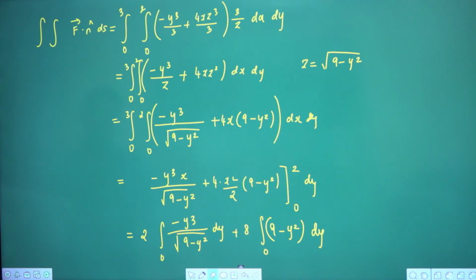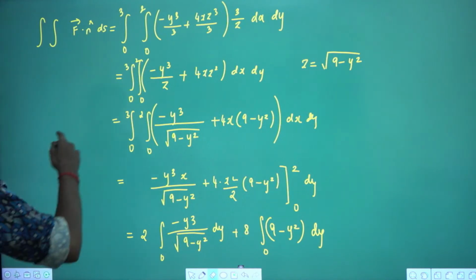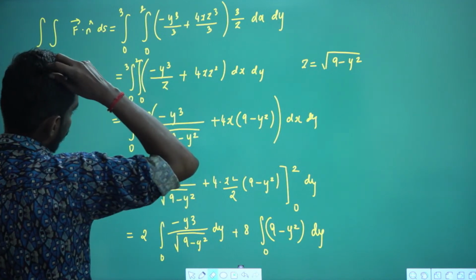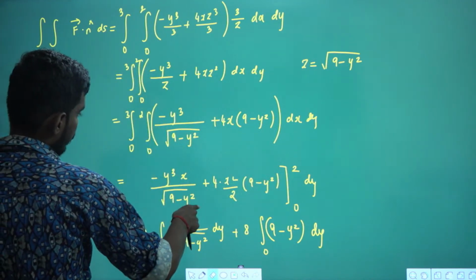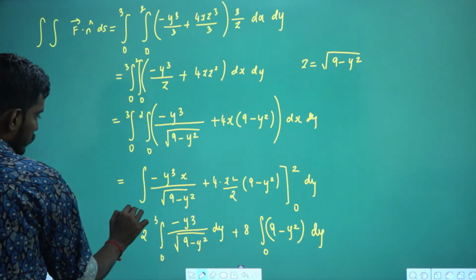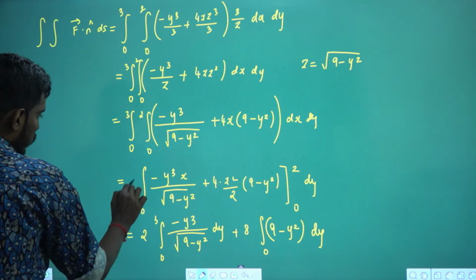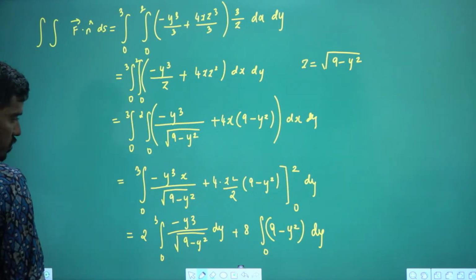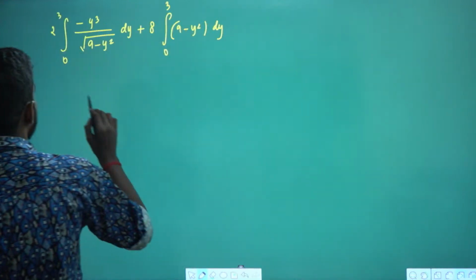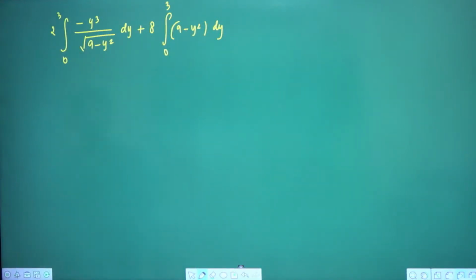Just a minute. First we are integrating with respect to x. So y varies from 0 to 3. Correct only, sorry. 0 to 3, upper limit minus lower limit. Yes, correct only. Okay. Now we need to perform this integral, right?